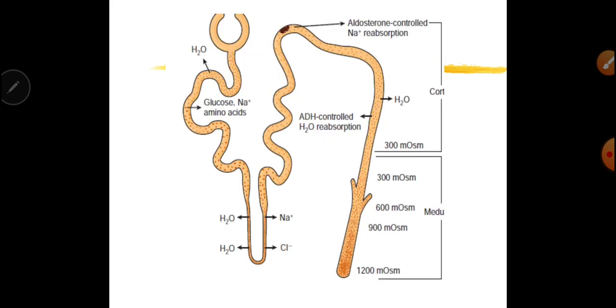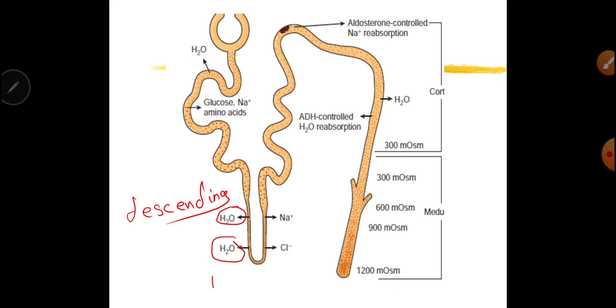Let us have this figure for more explanation. The countercurrent mechanism is one of the parts related to the reabsorption process. In this process, the descending loop will have the ability for the reabsorption of water.